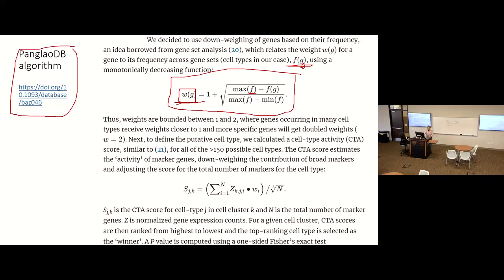After that, we start to look at each cluster differently.